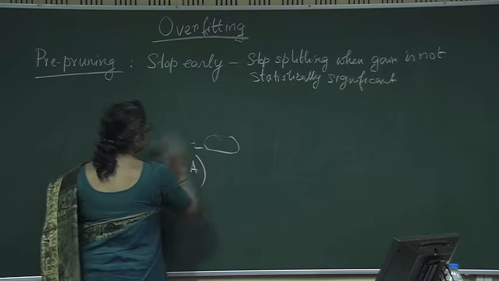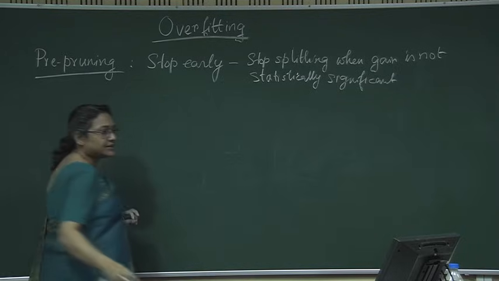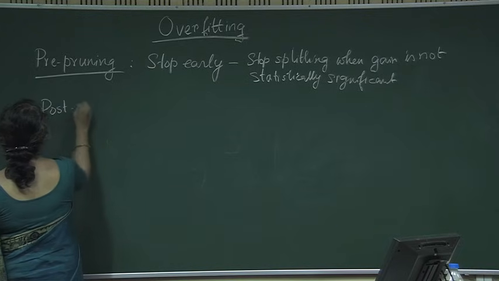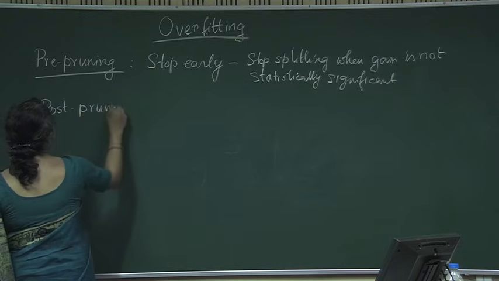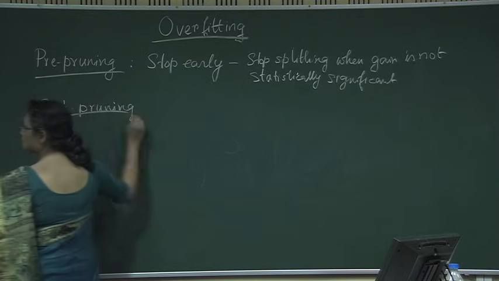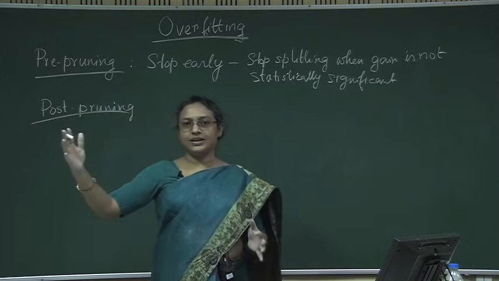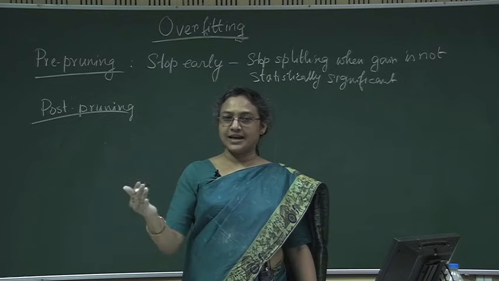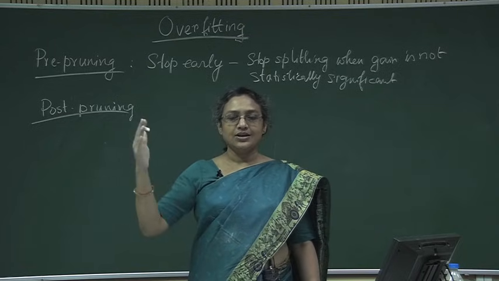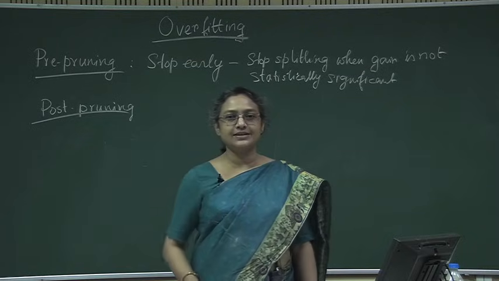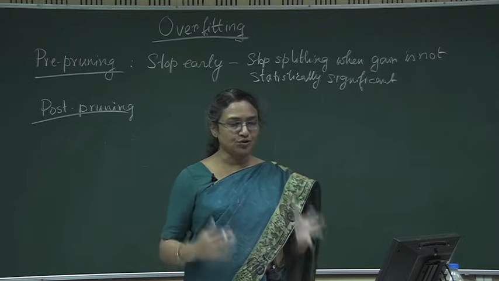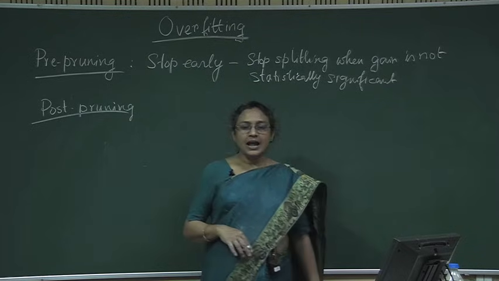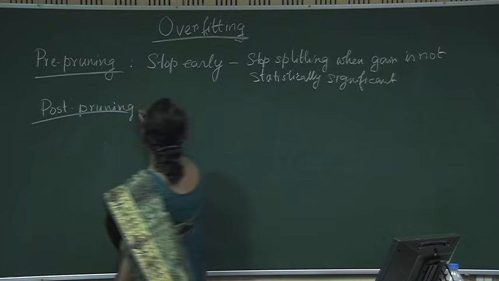A second type of method of pruning decision trees is post-pruning. In post-pruning, you continue growing the tree till the tree is quite large, but after growing a big tree, you prune different subtrees of the tree. So, grow the full tree and remove nodes. Now, how to remove the nodes?